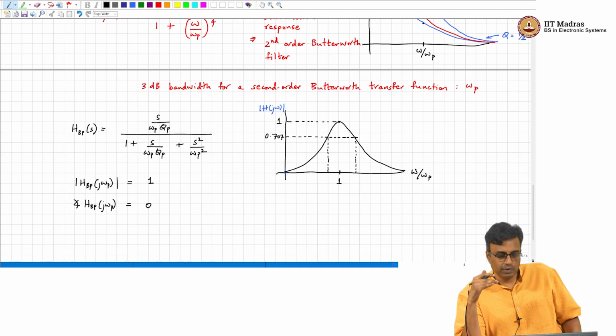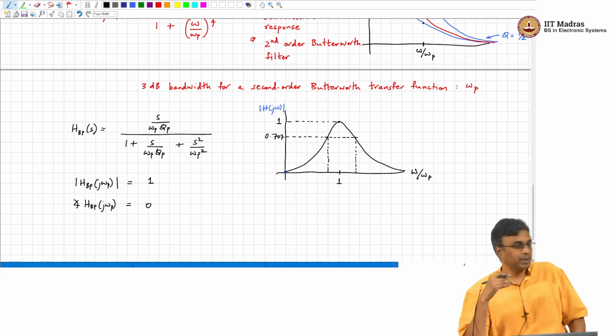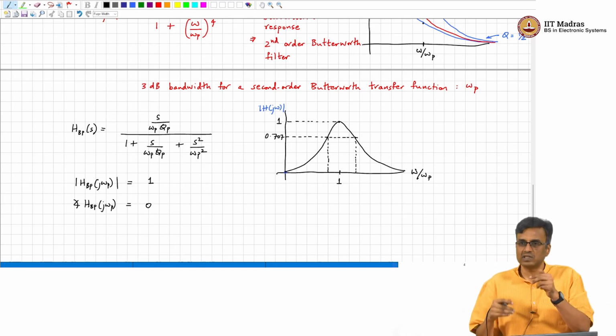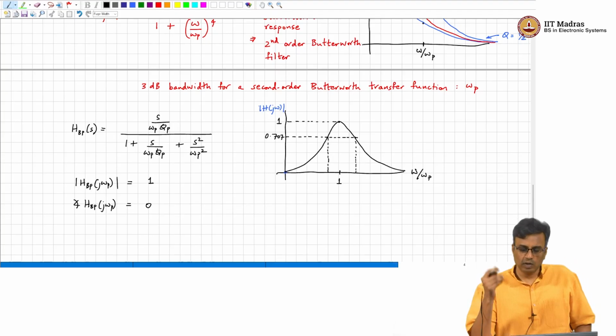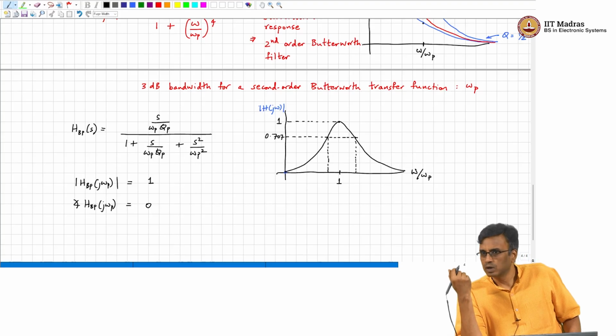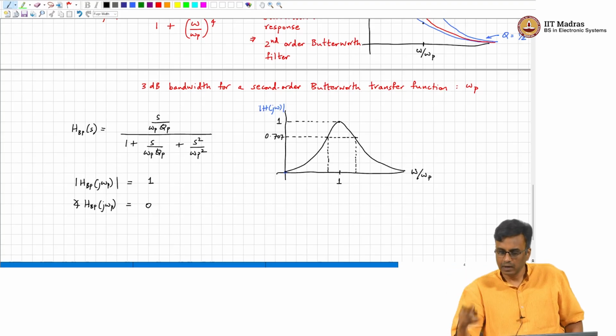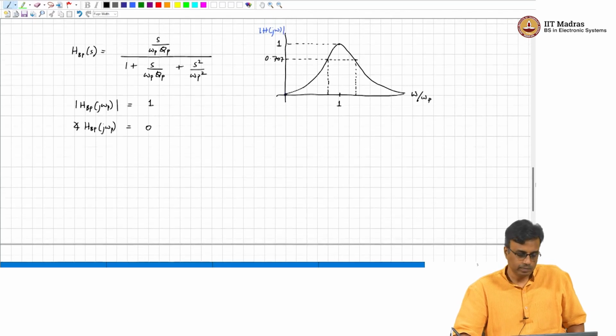The peak value here happens to be 1. Clearly there must be 2 frequencies at which the magnitude response drops to 1 by root 2. What are those 2 frequencies? To find them, what do we do?